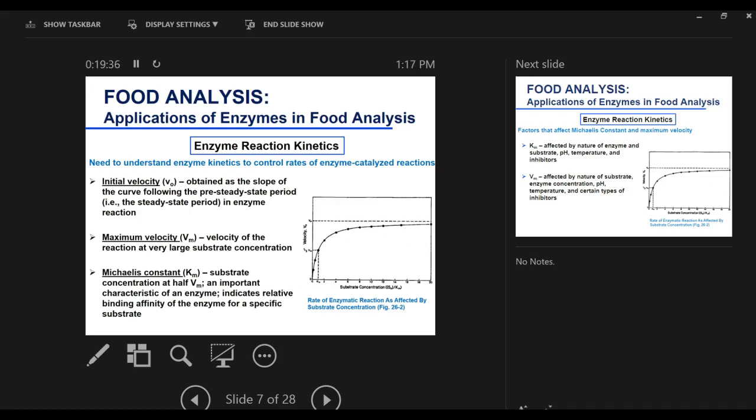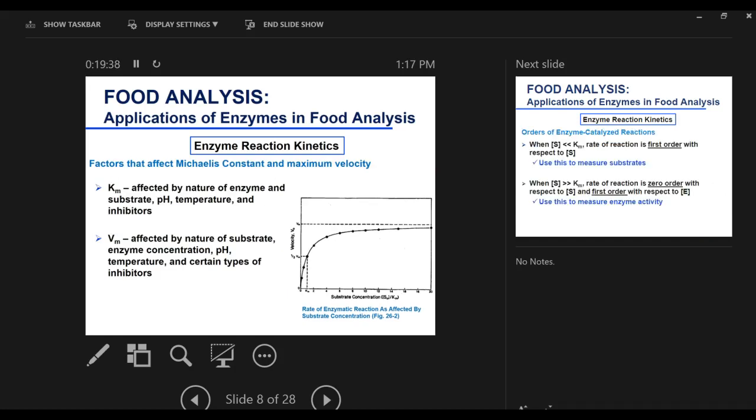Okay. So I might ask you in the test, what would be the factors that impact the affinity? What would be factors that impact the maximum velocity? There are so many factors related to the substrate and enzyme, and then factors related to the environment. The pH, is it optimum? The temperature, is it optimum?